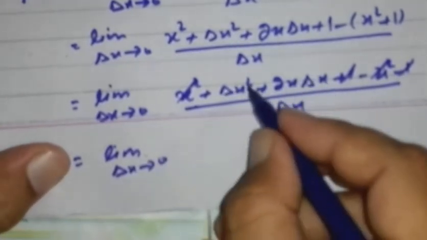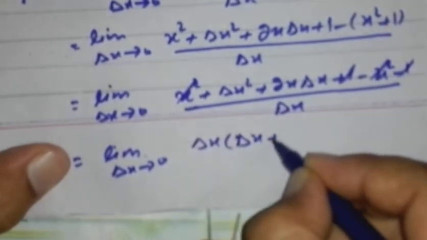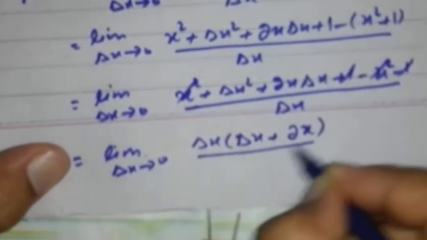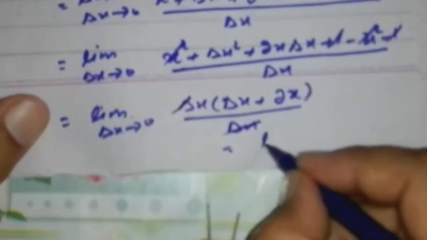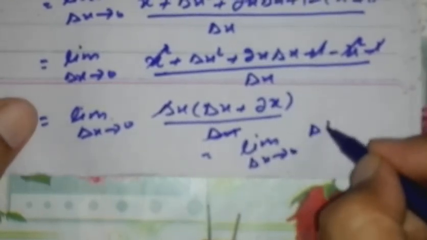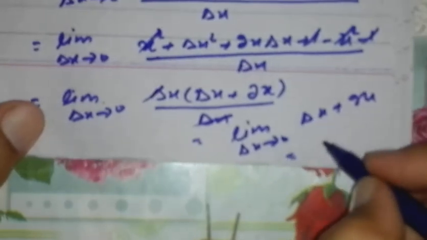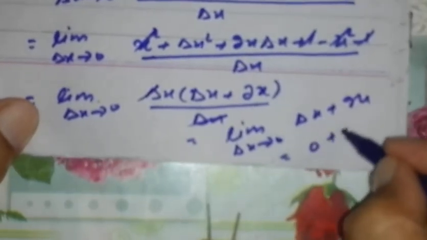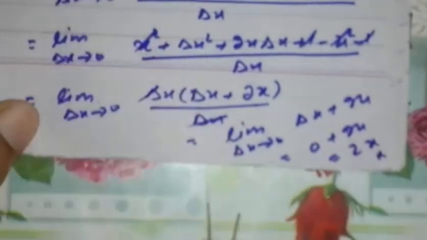Take delta x common here. So we get delta x plus 2x divided by delta x. These two cancel. Here remains limit delta x tends to 0 of delta x plus 2x. Now put the limit here. 0 plus 2x, which equals 2x, is the answer. Try part D by yourself.